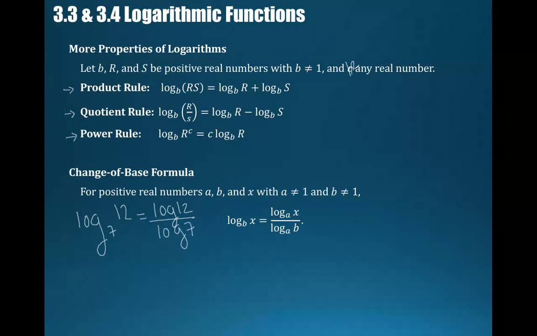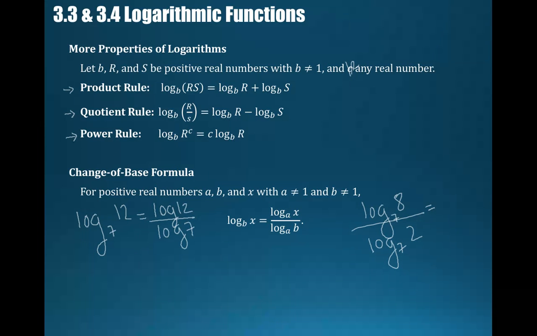You might also see it where it's going the other way, and you're trying to divide, and be careful that you're not mixing up your properties of this, right? I'm not dividing the arguments, I'm dividing the actual logs. You could get a problem that says log base 7 of 8 divided by log base 7 of 2. And you're like, oh, what do I do with that?